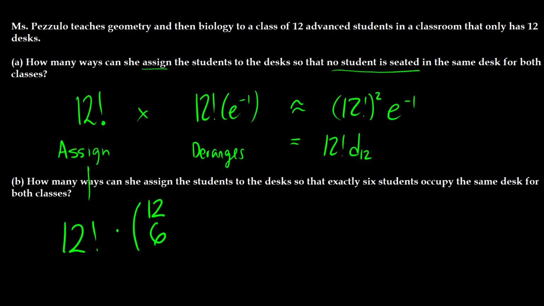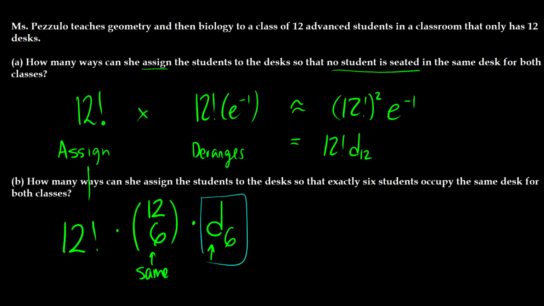So we're going to choose 6 students to stay in the same desk. And what we're going to do is derange the remaining 6. So 6 students will not sit in the same desk from this derangement property here. So that's how you answer that question.